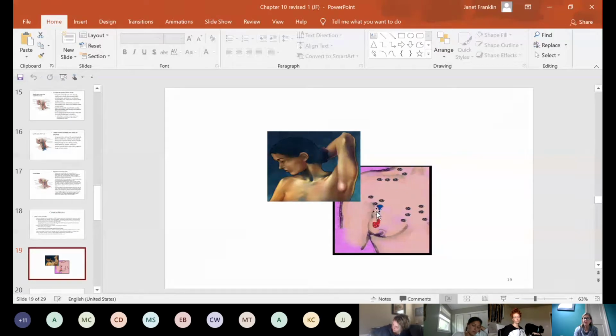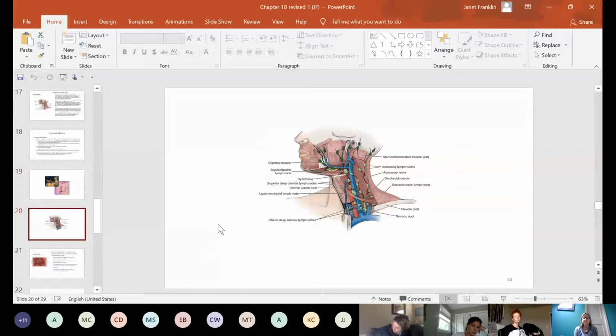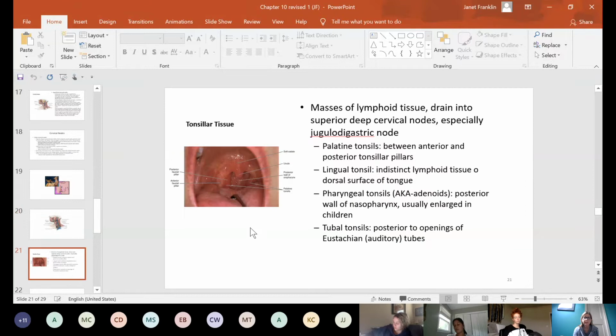If the cancer has not drained there, then they know it's localized to this area. If it has, then they know it could be going even further, and they'll continue to check further. Here's a picture of your head and neck. This is a good picture of how the lymph nodes drain. I'm going to show you a different one though.